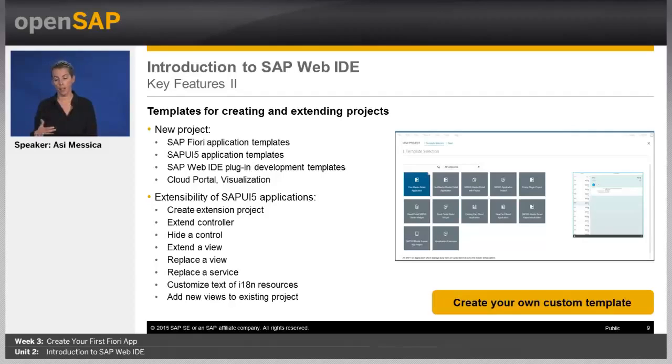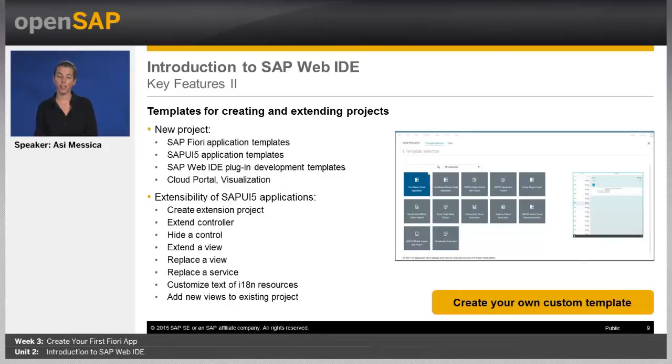So we provide many templates for SAP Fiori application development, like master detail, fact sheet application creation, and more. And we continue adding templates. SAP UI5 application templates for both basic projects, but also mobile hybrid applications with Cordova support.